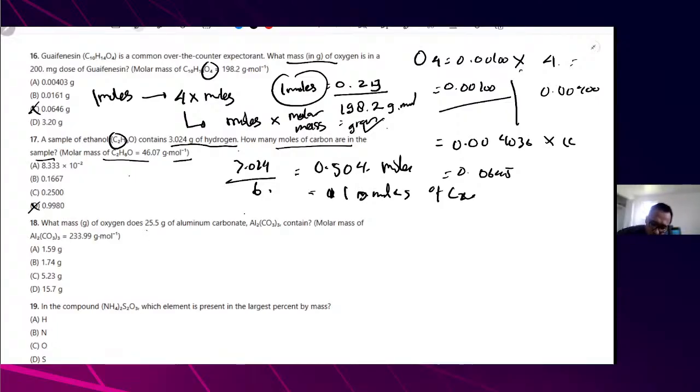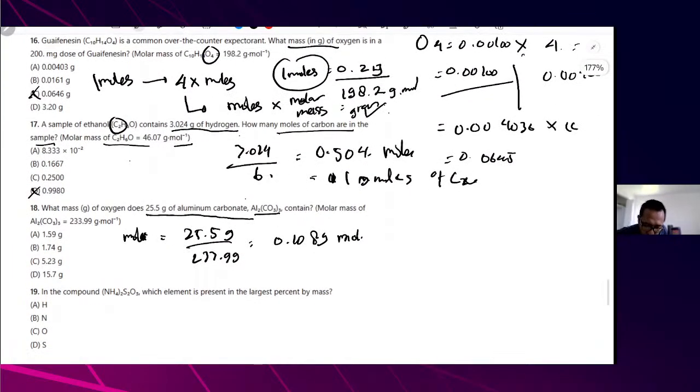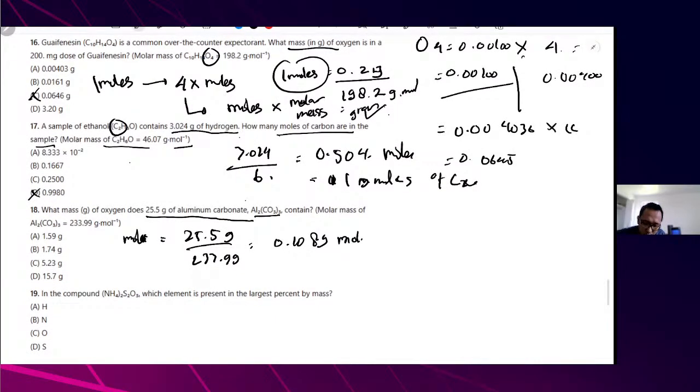So aluminum carbonate is this. Now just 25.5 g divided by the molar mass, 233.99 g per mole, and we get 0.1089 mole. Then the question is oxygen.